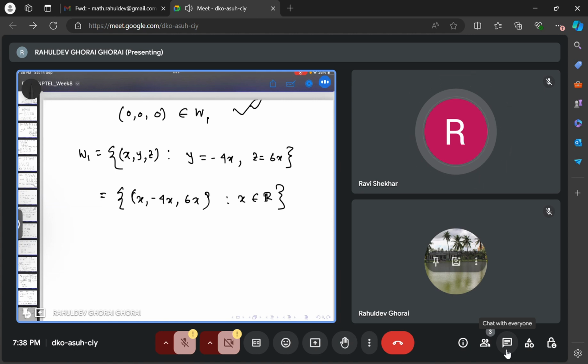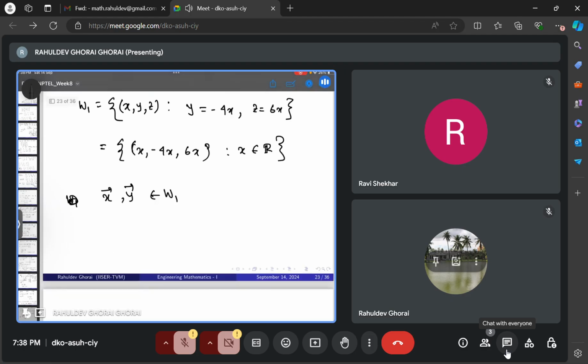So if you take, in W1, any two vectors, let's say x bar, y bar belongs to W1. But how will they look? x bar will be something like x1, minus 4x1, and 6x1, right? y bar will be y1, minus 4y1, and 6y1, right?